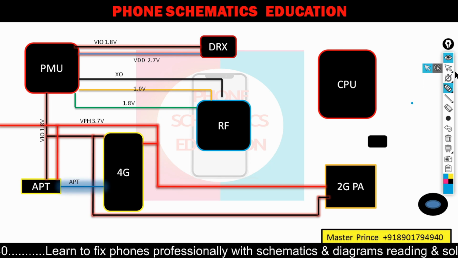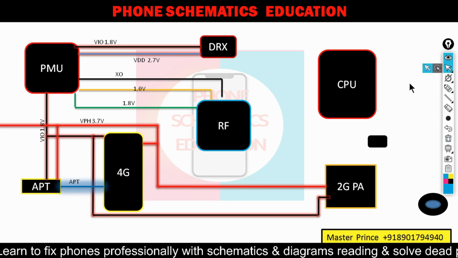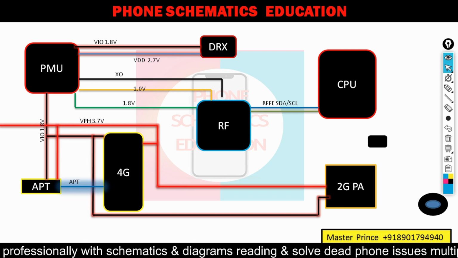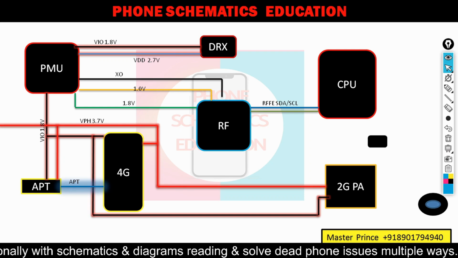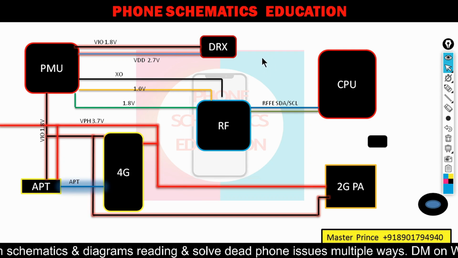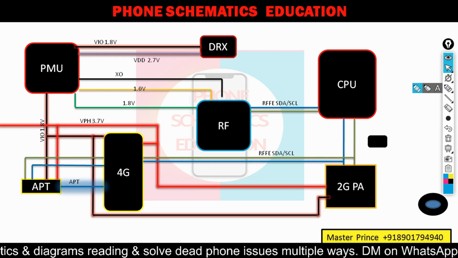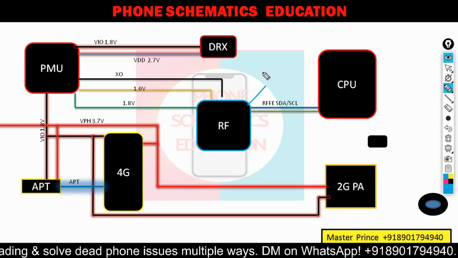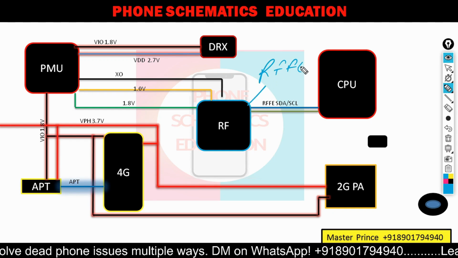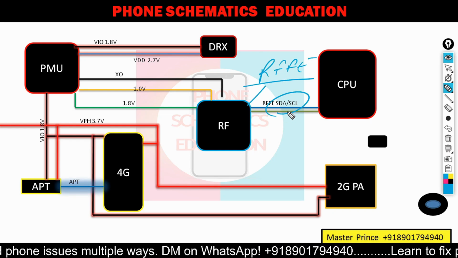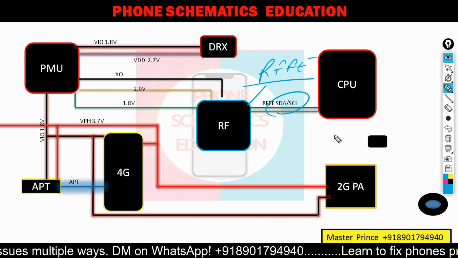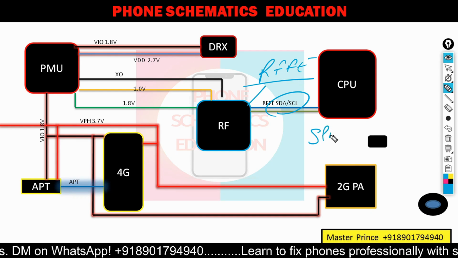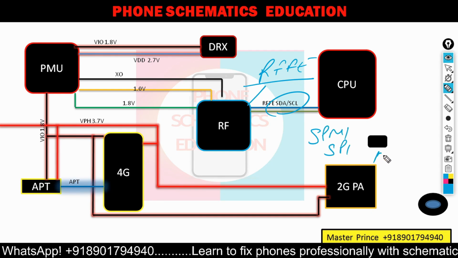Now next, just a second, clear this. After this, there is a protocol. Now start the protocol or communications, because in our network section, RFFE, just a second. In the network section, this protocol used is called RFFE, radio frequency front end, SDA, SCL. In the power section, like other sections, you will see SPMI, SPI, I2C.